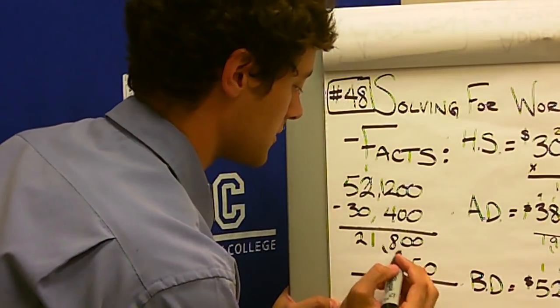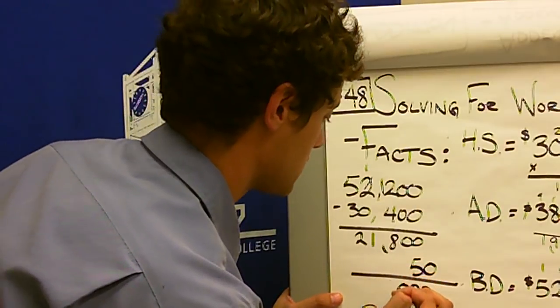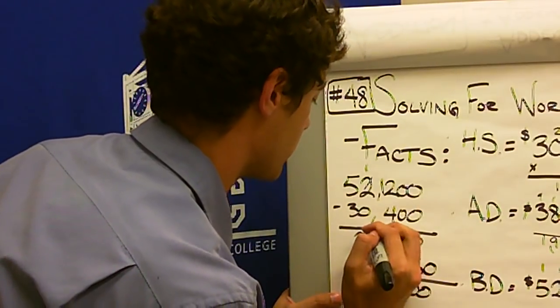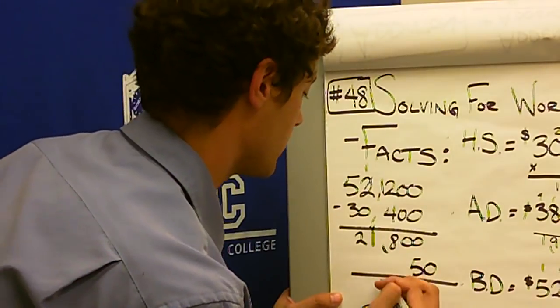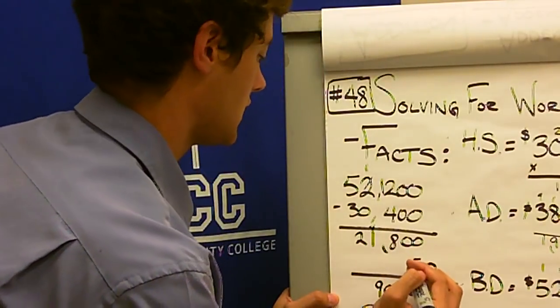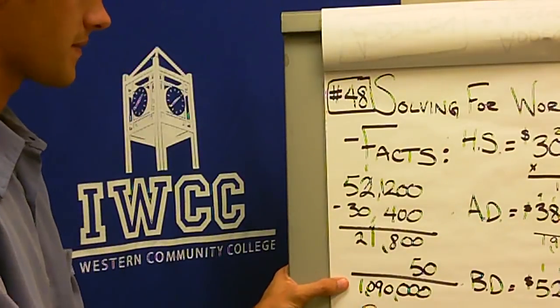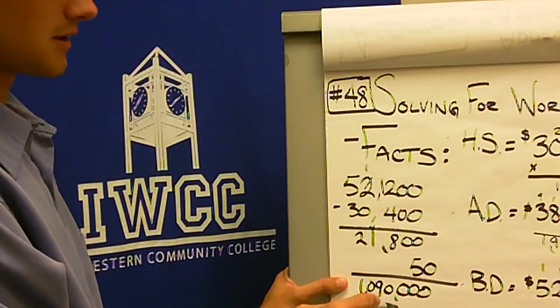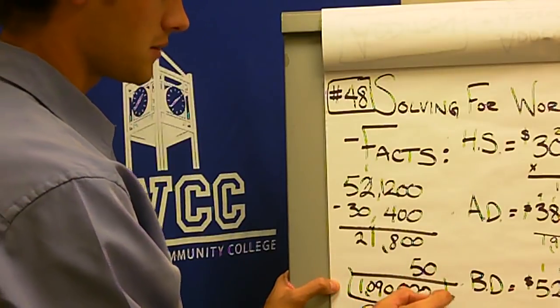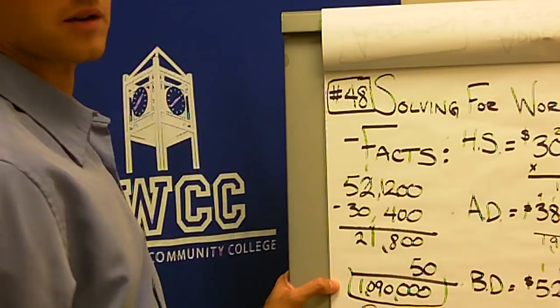So I got 5 times 8 is 40. I bring down my 0, carry my 4. 5 times 1 is 5, plus 4 is 9. And then 5 times 2 is 10. So look at that, 1,090,000. It's the same number we got by doing it the longer route.